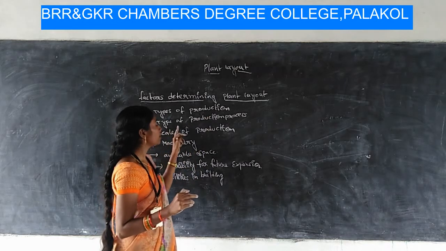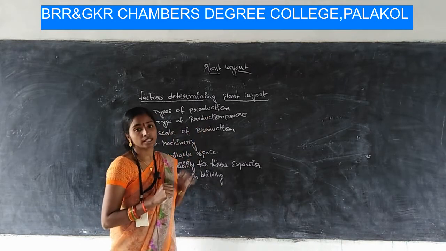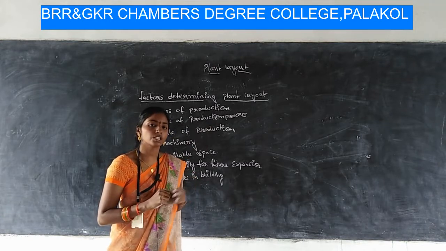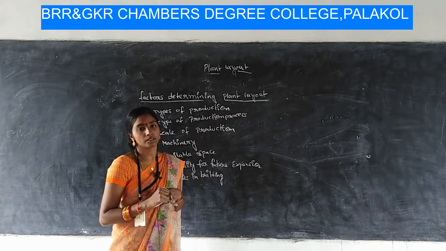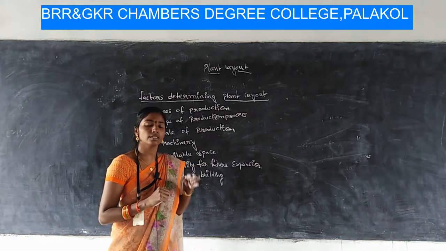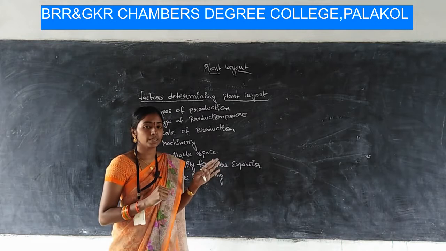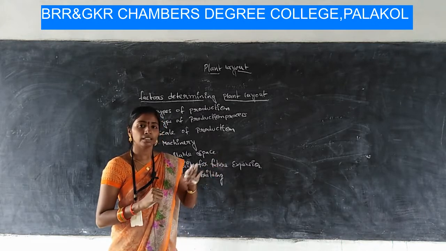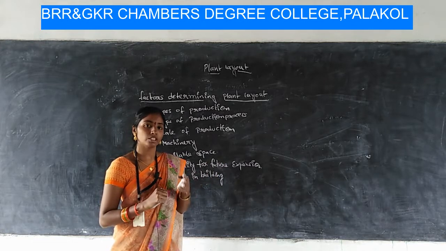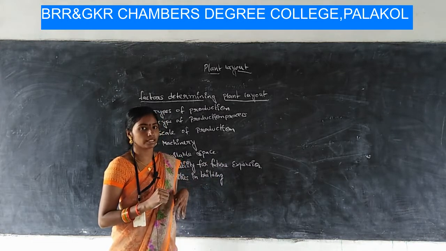Next one, type of production process. Different kinds of production process are there. Continuous production process and intermittent production process. As we know, in the continuous production process, the material flow is continuous, which means they follow a straight line and at the end of the line, the manufactured product is produced by the organization.